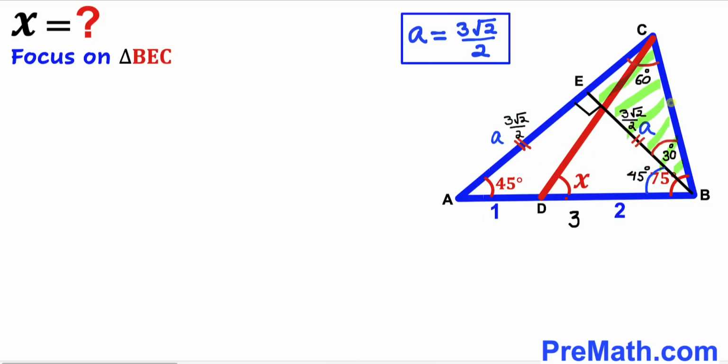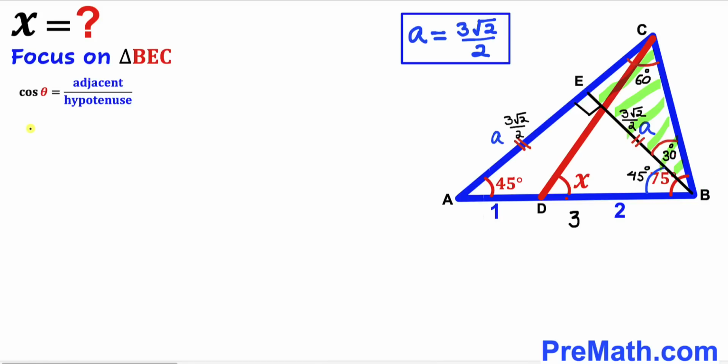Now let's focus on this right triangle BEC. Let's recall the famous trigonometric ratio: cosine of theta is always equal to adjacent divided by the hypotenuse. In our case, for this angle 30 degrees, this side BE is our adjacent, and this BC is our hypotenuse.